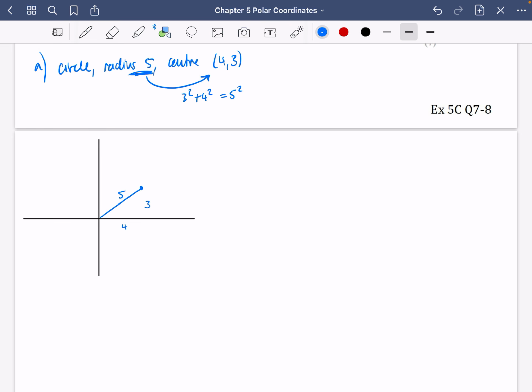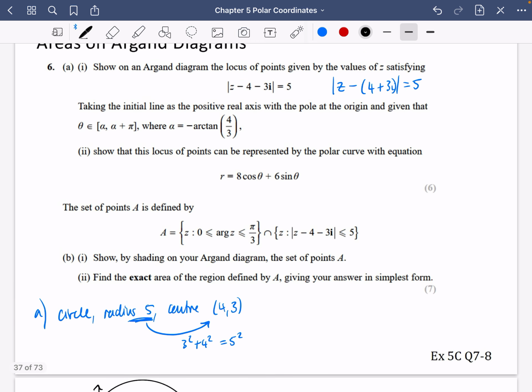So let's draw a circle that's going to hopefully go through the origin. Okay, let's just move this so it goes through the origin. Perfect. And that's all we're really going to need for this question. That's got all of the information that's required. So that is my locus for part A of the question.